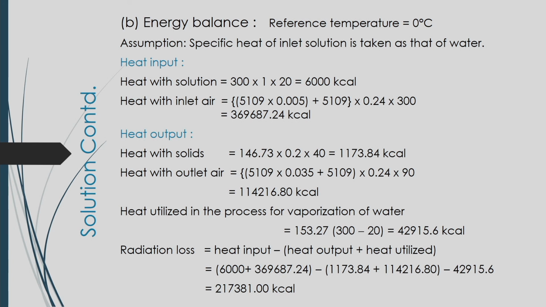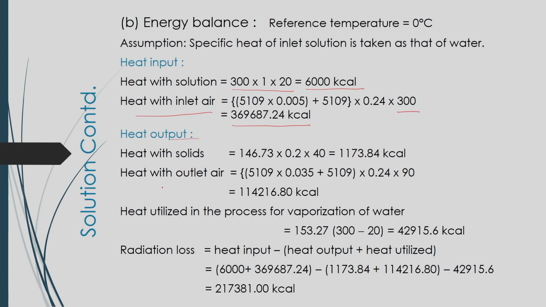Now, if we do the energy balance over this spray dryer with a reference temperature of 0 degree Celsius, we can have the heat with solution: 300 into 1 into 20, which is equal to 6000 kilocalorie. Heat with inlet air, as per the moisture content and its specific heat capacity and the temperature difference, comes to 369,687.24 kilocalorie.